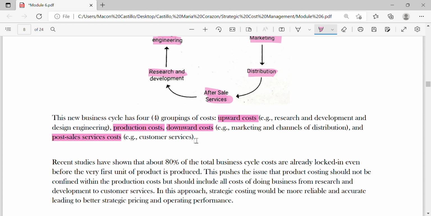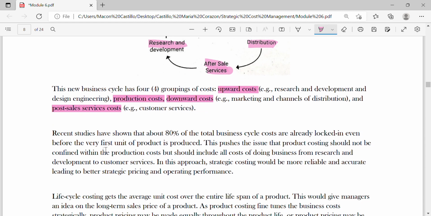Considering these 4 groups of cost, recent studies have shown that 80% of the total business cycle costs are already locked in even before the very first unit of product is produced. Having said it, a large portion of the total cost of the product is on the upstream cost, the research and development, and the design engineering.